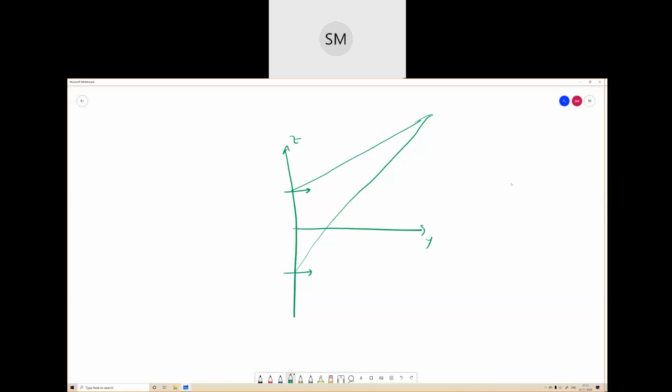This is my antenna 0. This is excited at I0. The phase is 0 radians.